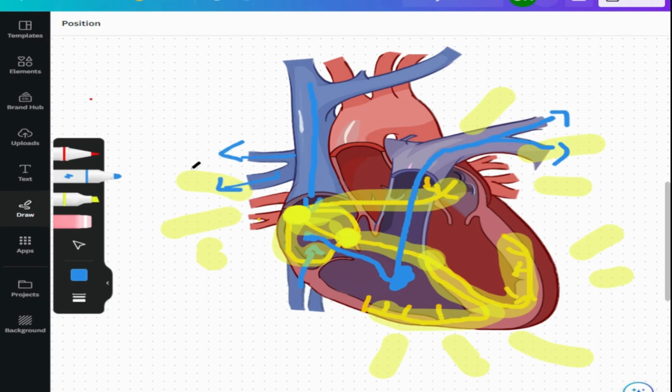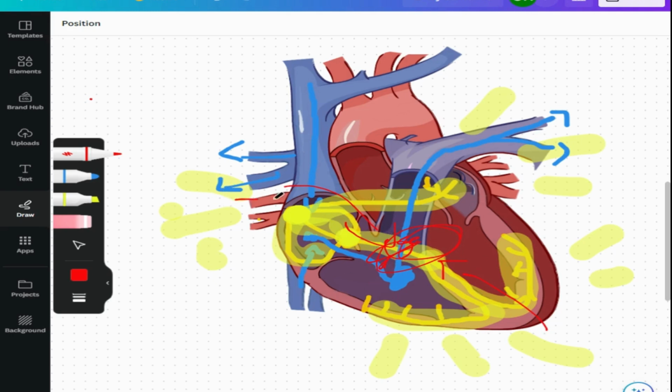Now, before I talk about the lungs, I just want to talk about why the top half contracts before the bottom half of the heart. This happens because if the top and the bottom of the heart were to contract at the same time, all the blood would just get pushed into the middle of the heart and it would pool right here, and then it wouldn't go anywhere.